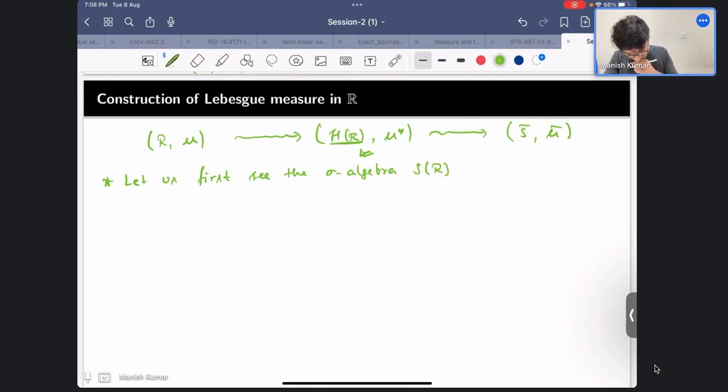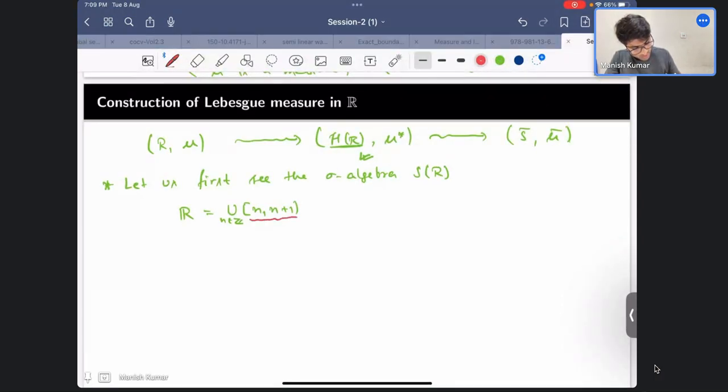See this set of real numbers: I can write it in this form, the union of the intervals (n, n+1), where n is varying over Z. The real numbers can be written in this fashion, right? Now what does this mean? Where does each interval belong? It belongs to R, right?